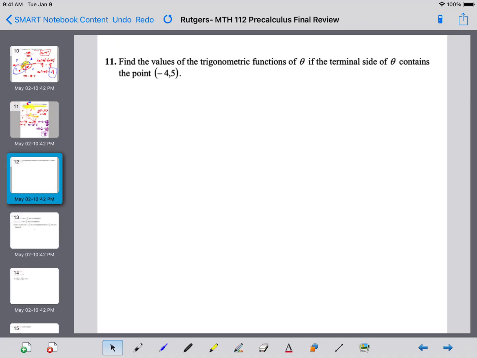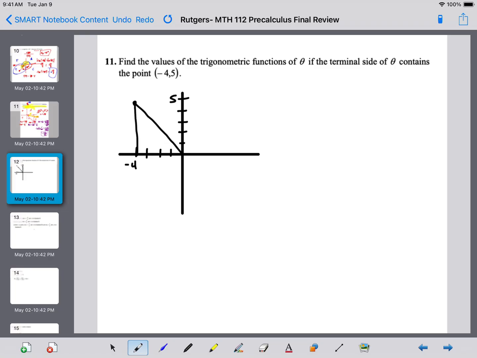Find the values of the trigonometric functions of theta if the terminal side of theta contains the point (-4, 5). Let's sketch that out quickly. (-4, 5) would be in the second quadrant. We show that point, make a right triangle, and show the reference angle.